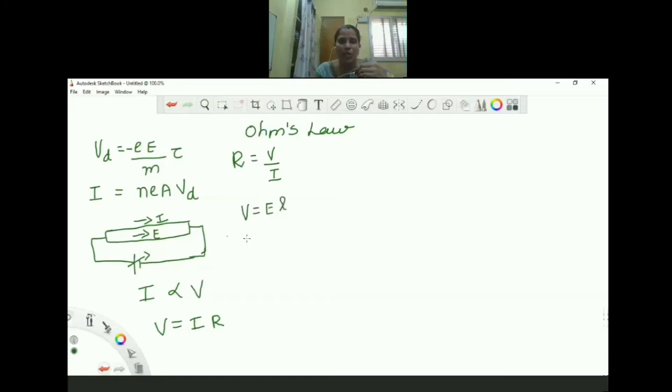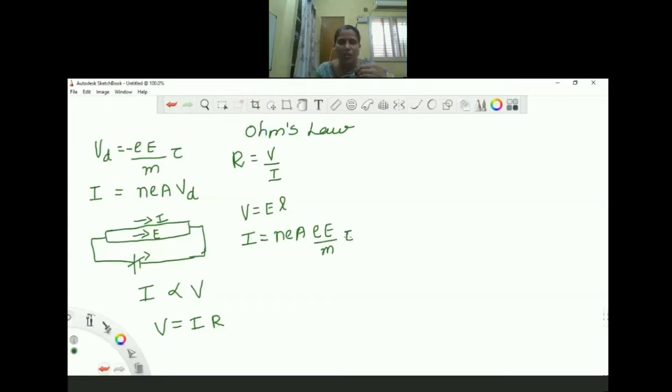Similarly, we can write I in terms of drift velocity and relaxation time, that is n e A, and for drift velocity we substitute eE by m into tau.